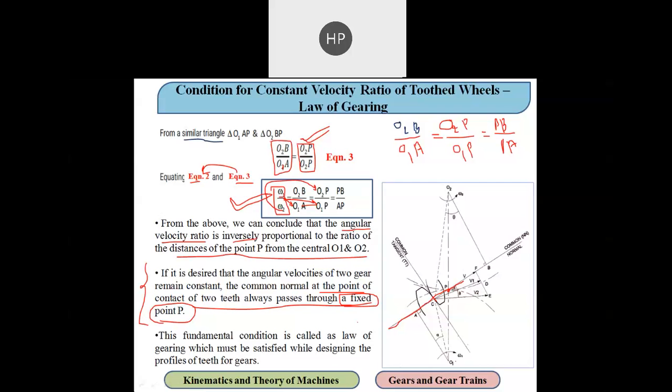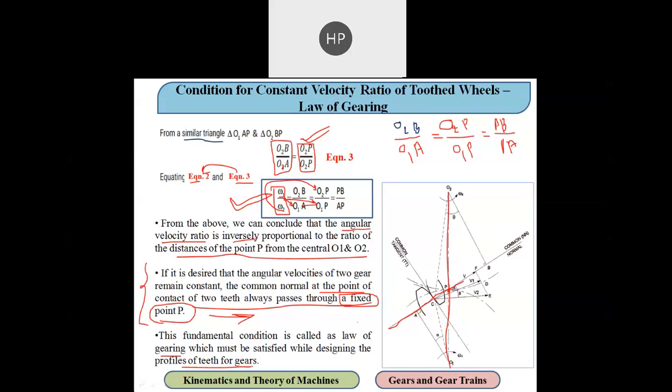And this fundamental is known as the law of gearing, and it must be satisfied while designing the profile of the gear.